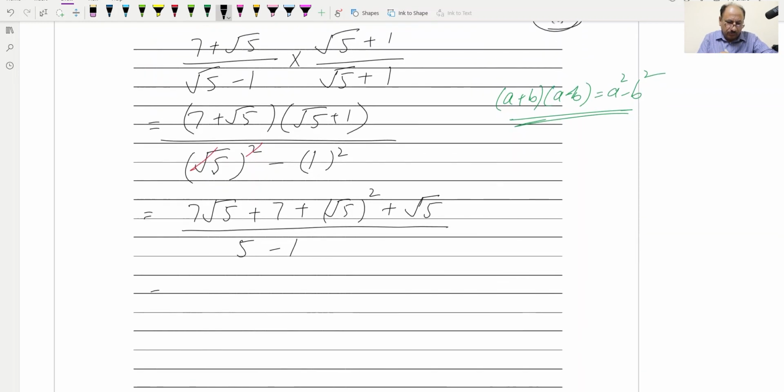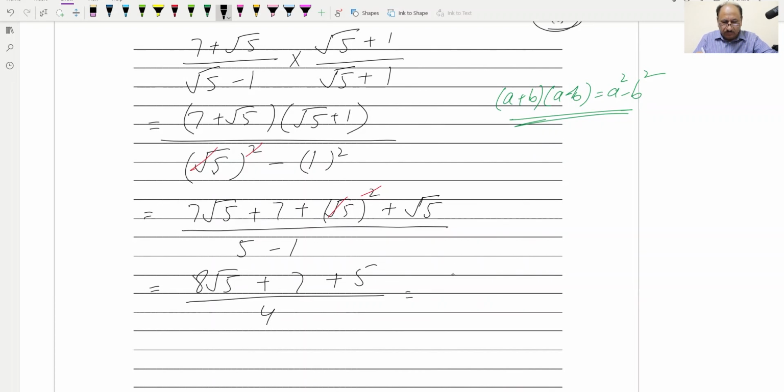This will be equal to 7 under root 5 and under root 5 we can combine, and it will be 8 under root 5, plus 7 plus, the square and root will be cancelled, and it will be 5, divided by 4. This is equal to 7 plus 5 will be 12.